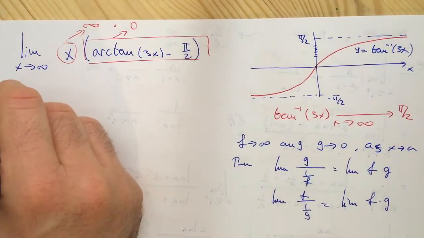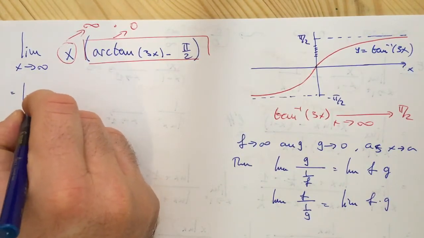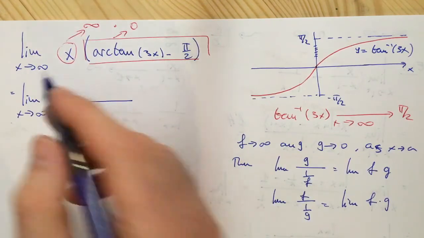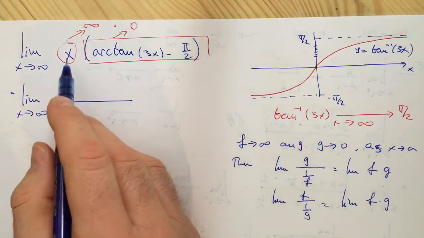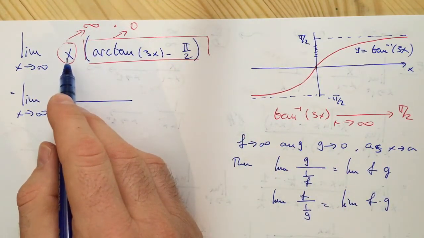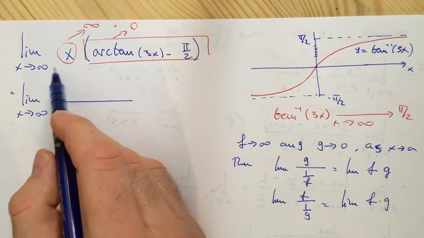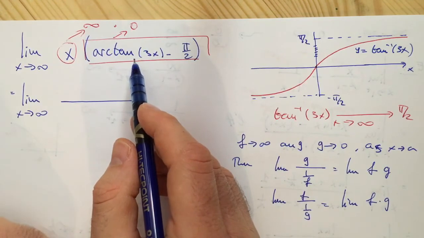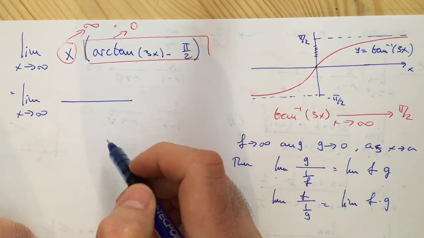So now here you have to decide which one is going to go in the denominator, and that for this example should be pretty straightforward, because it's one thing to find the derivative of 1 over x, and it's a completely different story when you have to find the derivative of 1 over arctangent of 3x.